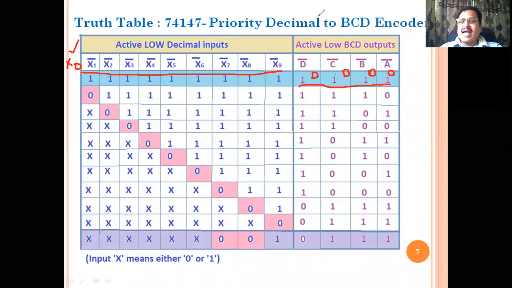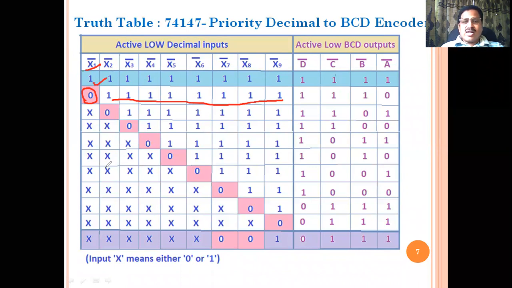Then if we select the decimal number X1 by connecting it to ground, it means eligible. The remaining higher inputs are at logic 1, meaning they are in deactivated or disabled condition. Only X1 is being selected. So the BCD code for decimal 1 will be 0, 0, 0, 1.